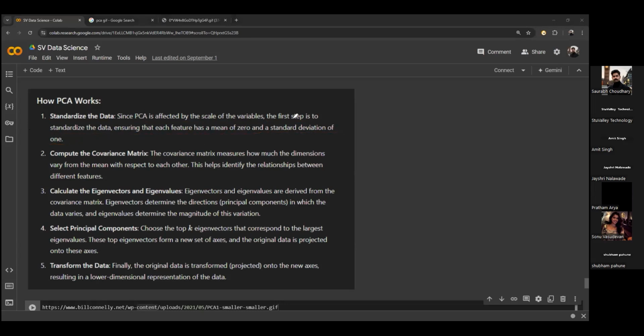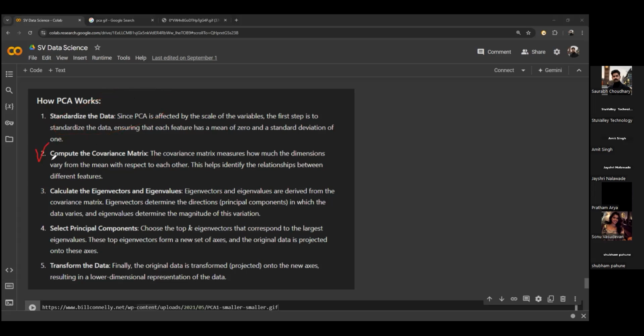So can anybody tell me how to standardize the data? Yes, right. Standard scaler, min-max scaler, a lot of things we have. Correct.